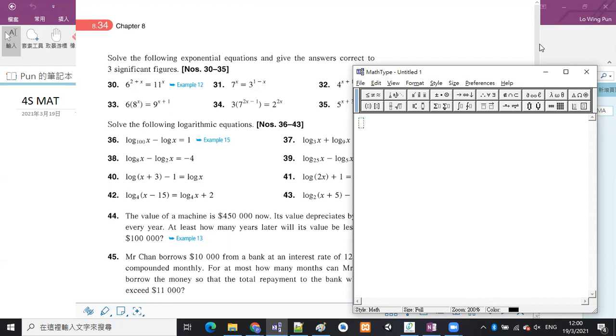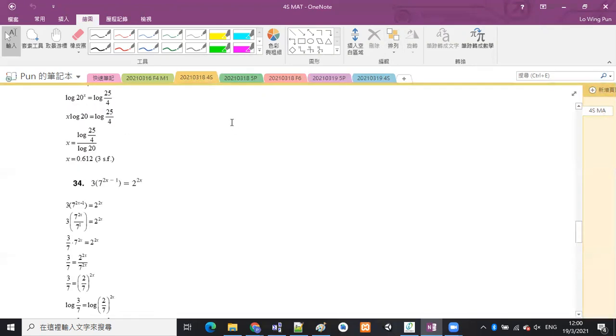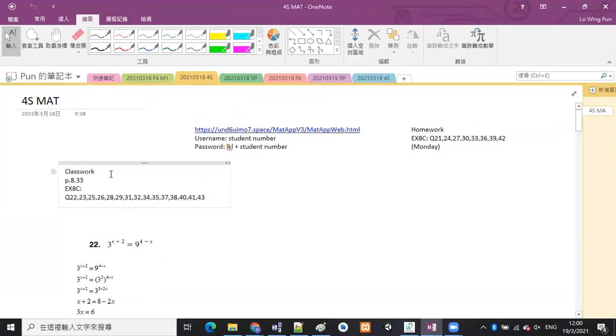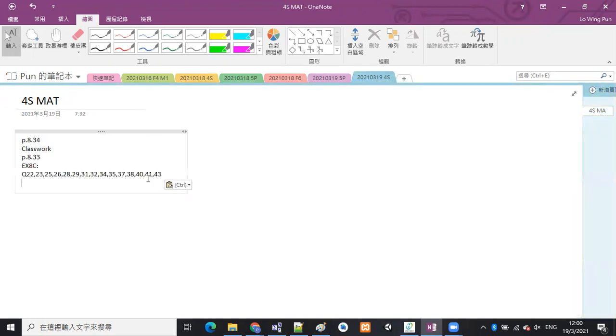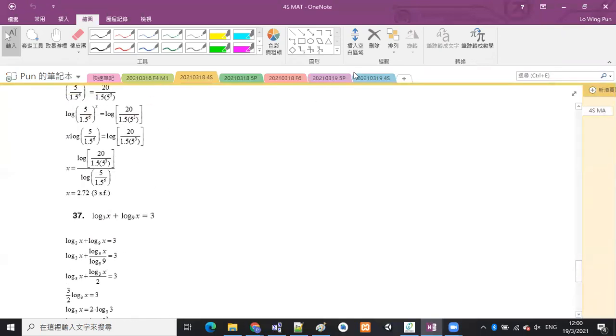So let's come back to page 8.34. 8.34. 嗱，琴日佢哋做咗一啲嘅 classwork 嘅，咁睇下邊度嚟先。呢度，我抄翻佢先啊。Okay, we have already finished talking about the solution up to question number 37.